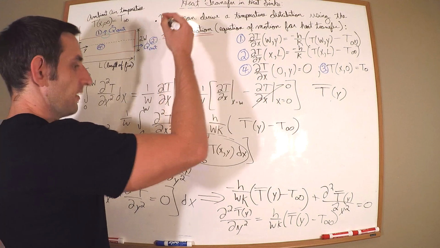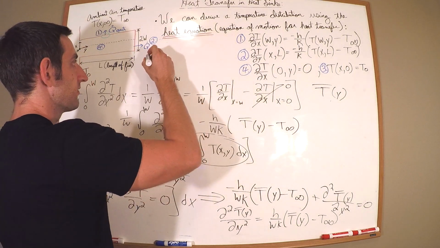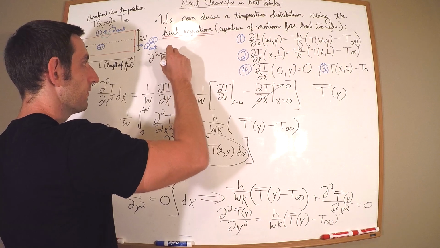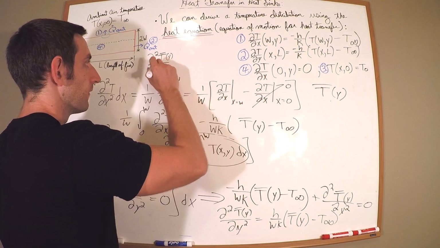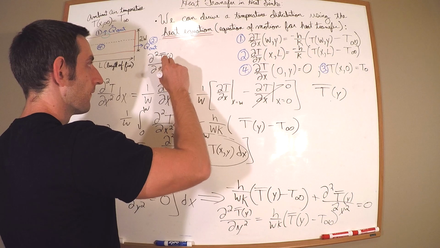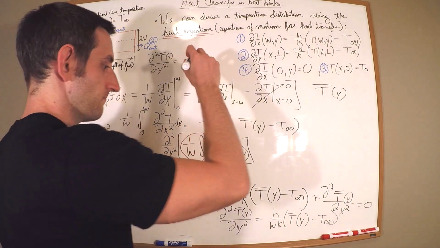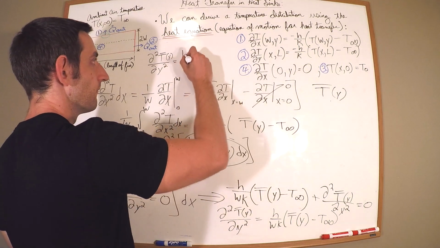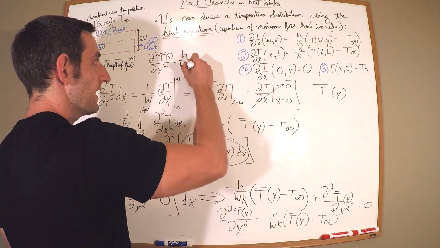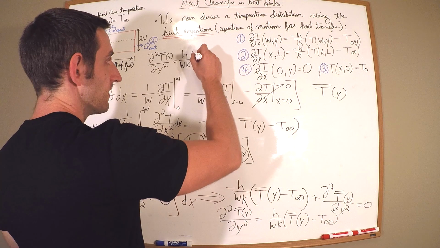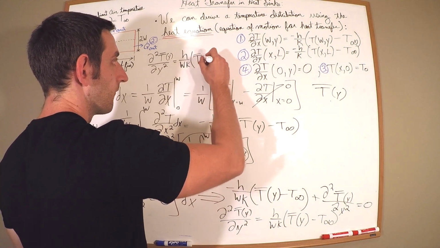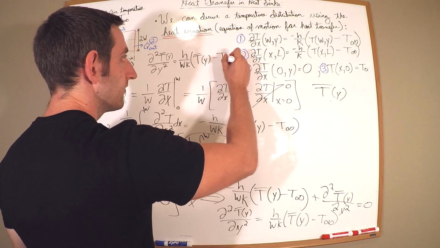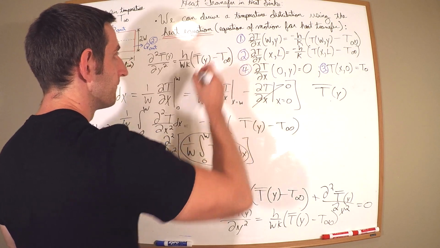So what we end up with is the second partial of the average temperature with respect to y is equal to, and nope, I did not miss a negative sign, h over wk times the average temperature as a function of y, minus the ambient temperature T infinity.